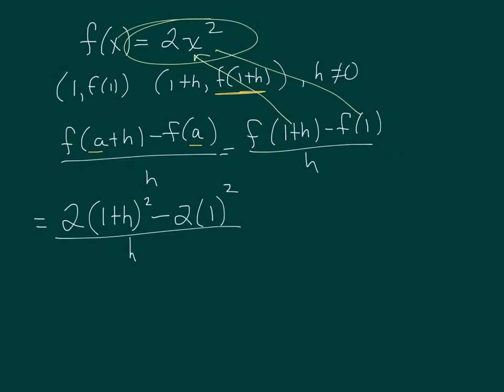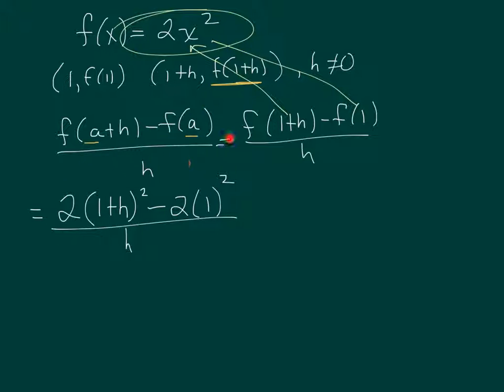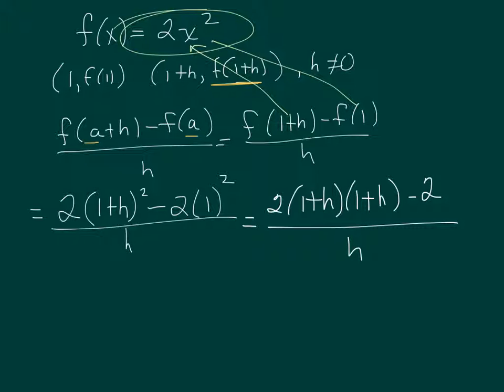So I'm just using this formula where my a is 1, and then I evaluate my function, plugging in 1 plus h, and then 1. Now it just becomes an algebra problem, meaning that I have to square. So that's 1 plus h times 1 plus h. And then, of course, I can just say minus 2, because 1 squared is just 1.